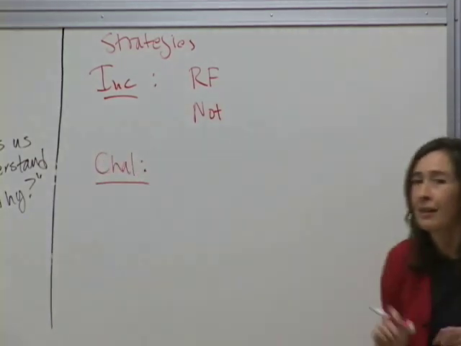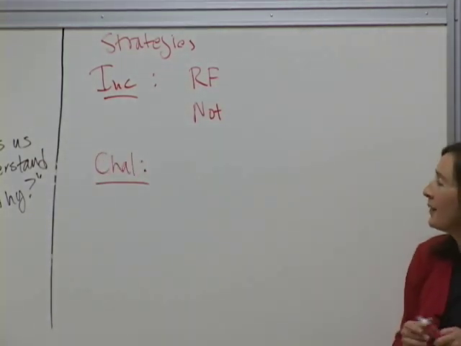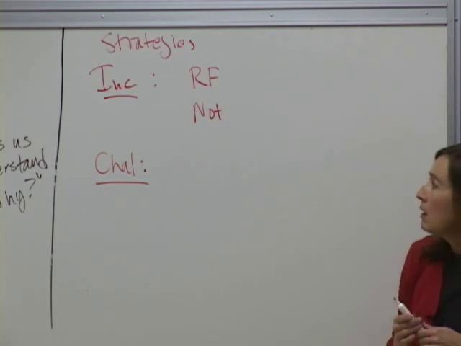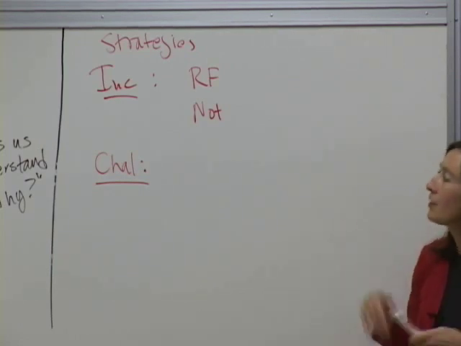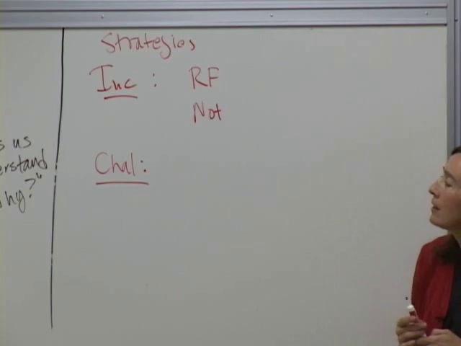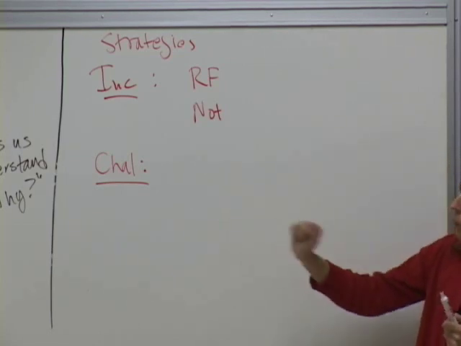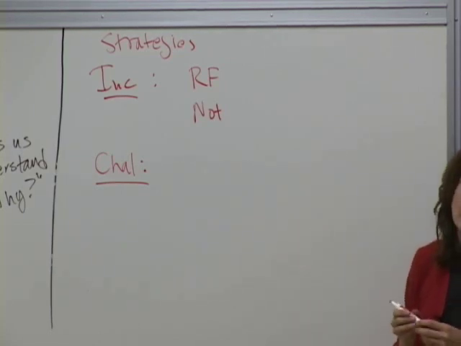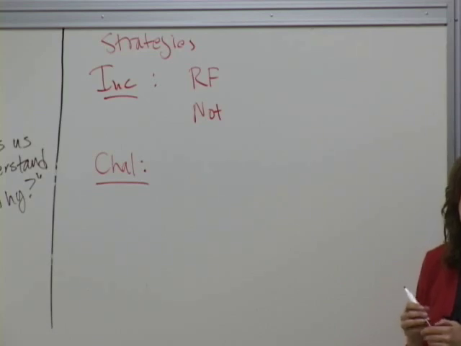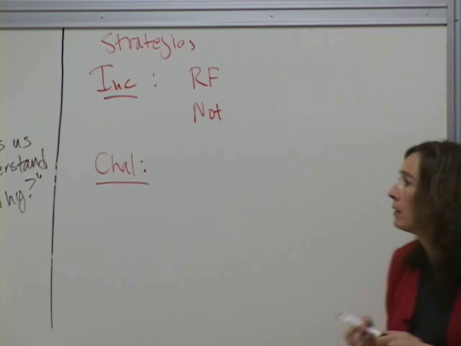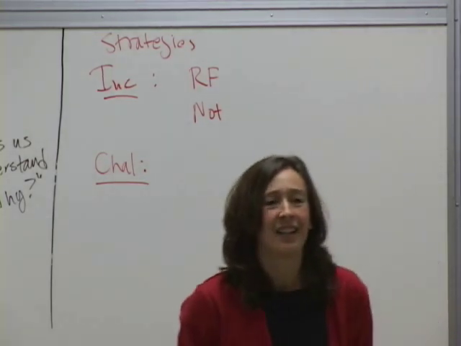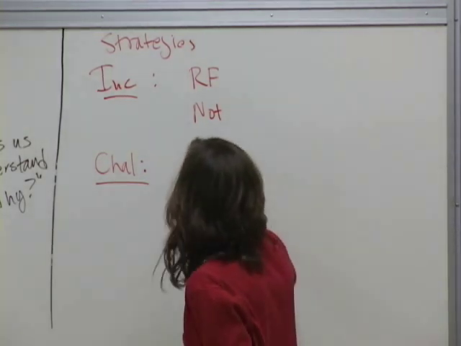Let me put the question to you in a little more precise terms. The challenger has some strategies in this game. What's the challenger's best strategy? What's the strategy we think the challenger is going to play? Say it louder. Raise funds.